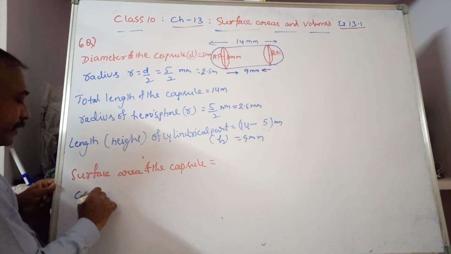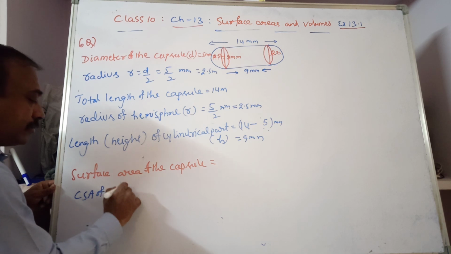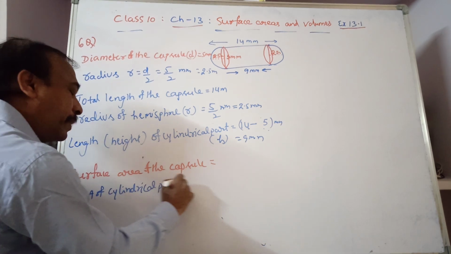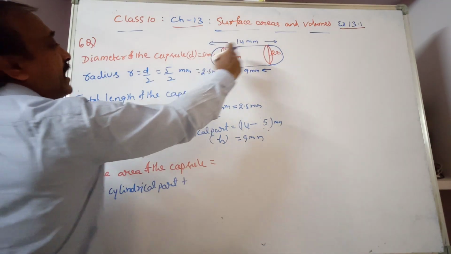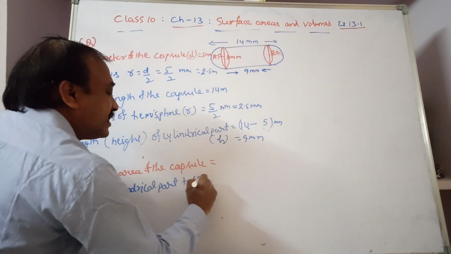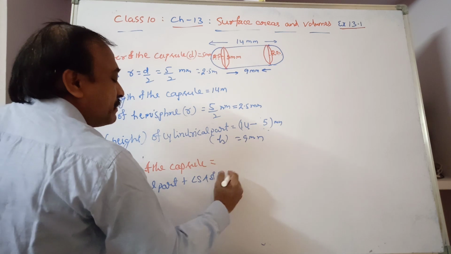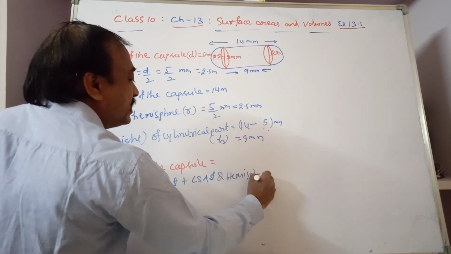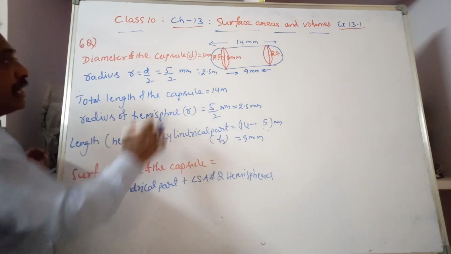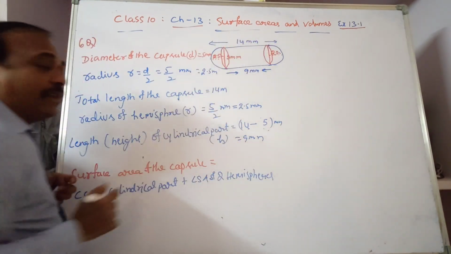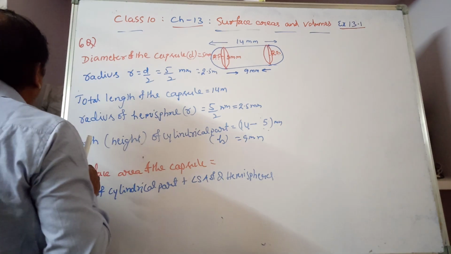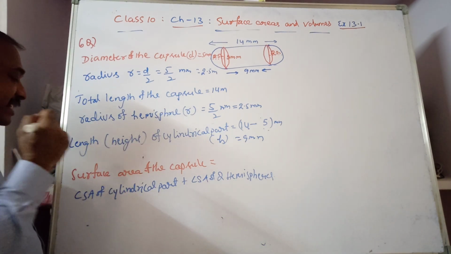CSA of the cylindrical part plus CSA of two hemispheres. Don't forget, we are writing two hemispheres at a time: this end one hemisphere, that end one hemisphere. Now we know the CSA of a hemisphere and the CSA of the cylindrical part.